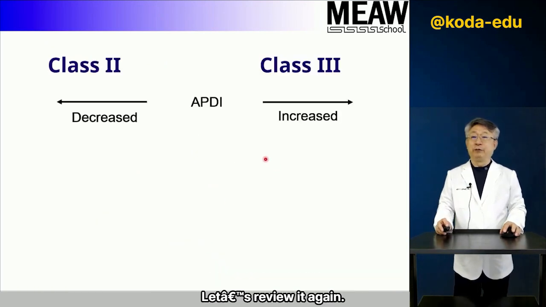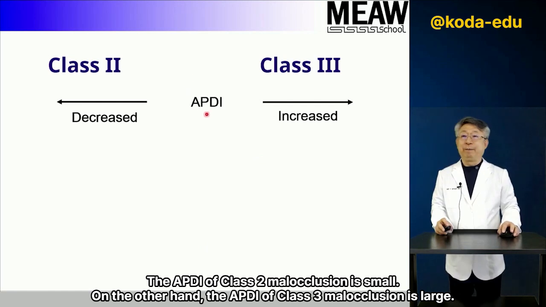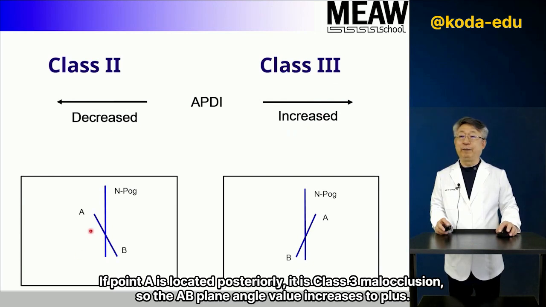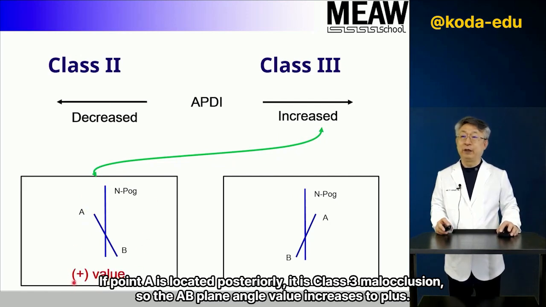Let's review it again. The APDI of class 2 malocclusion is small. On the other hand, the APDI of class 3 malocclusion is large. If point A is located posteriorly, it is class 3 malocclusion, so the AB plane angle value increases to plus.